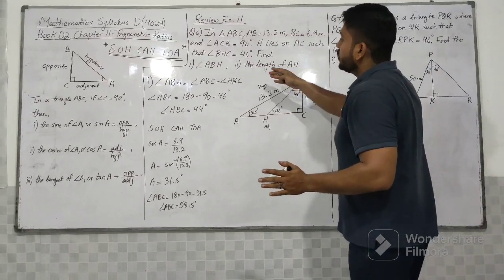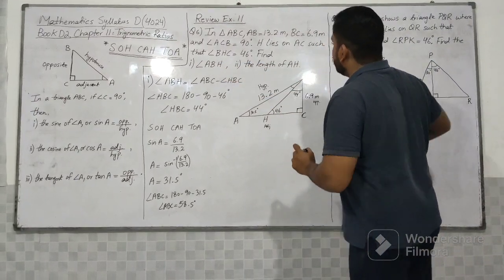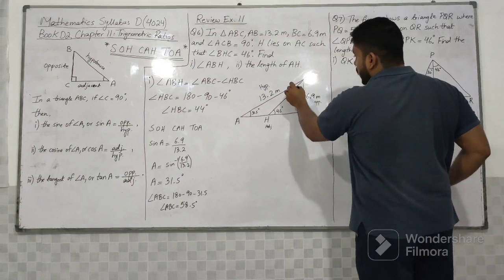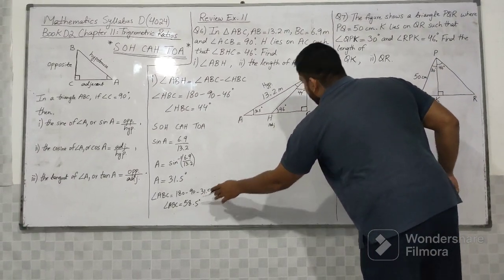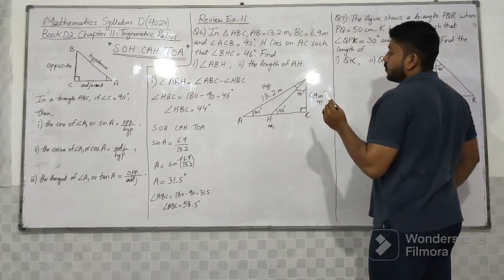So now it's very easy to find this angle ABH. So how we find this? This whole angle we just got, 58.5, minus this 44.